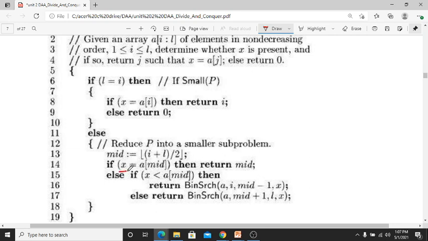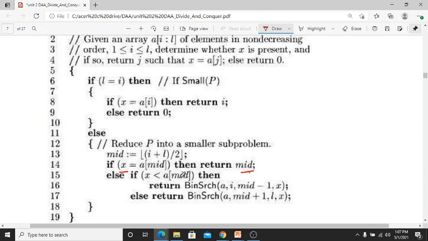Whatever you are looking for, if x, the searching value, is the same as the mid value, then return the mid. Okay, else if x is less than mid, then return binary search A, I, mid minus 1, x. That means it is smaller than the mid value.